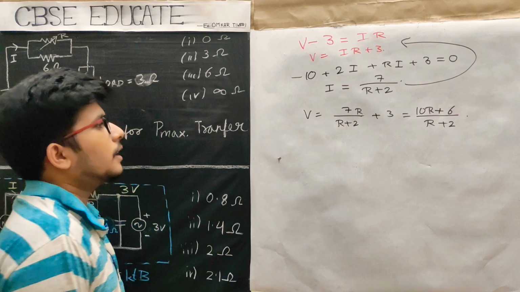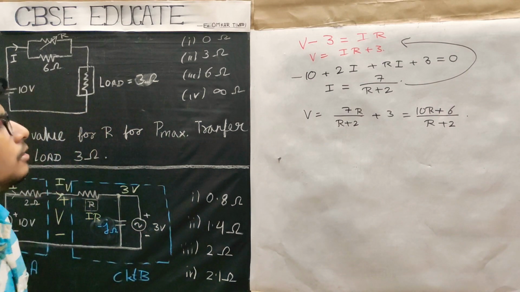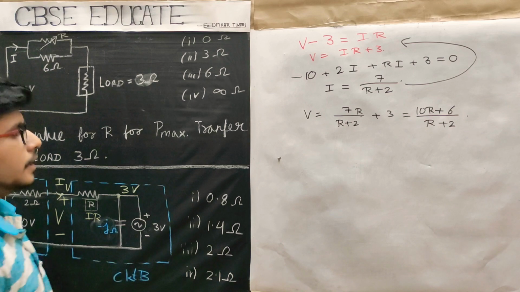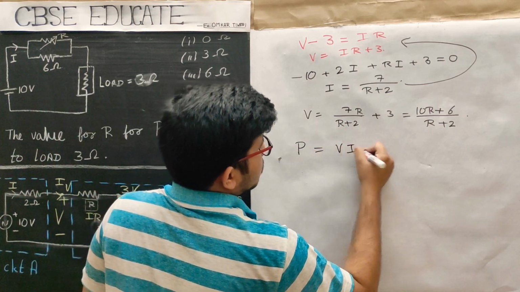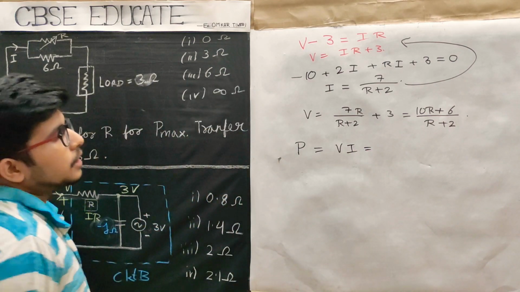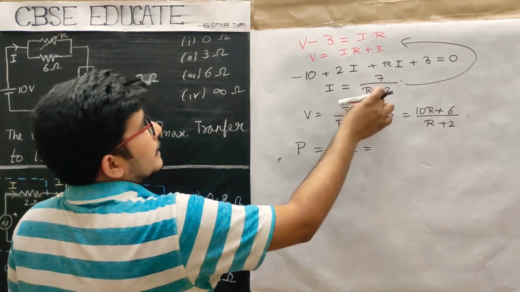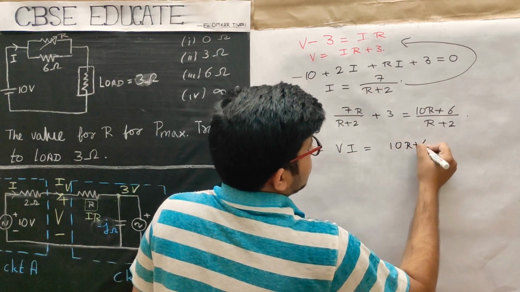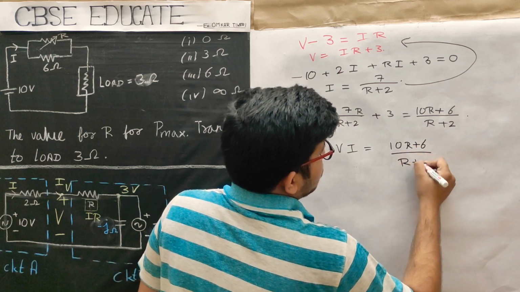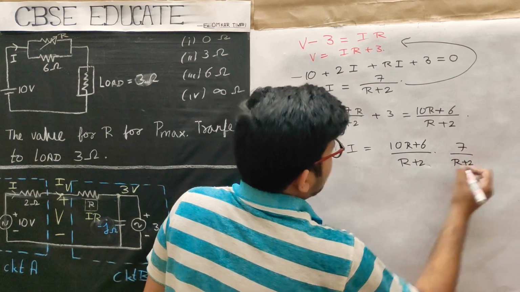Okay, this is the value of V. Now for maximum power, you know P is equal to VI. So putting the value of V as this and the value of I as 7 by R plus 2, I am putting here 10R plus 6 divided by R plus 2 into 7 by R plus 2.